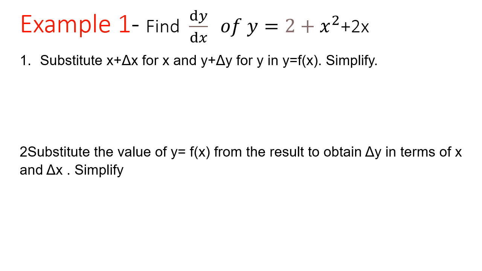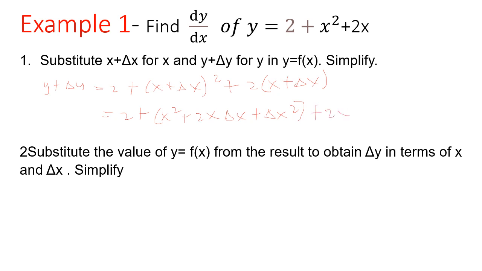So we have this one: y plus delta y equals 2 plus x plus delta x squared plus 2 times x plus delta x, equals 2 plus x squared plus 2x delta x plus delta x squared plus 2x plus 2 delta x.